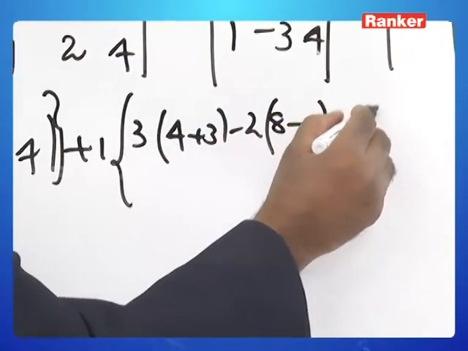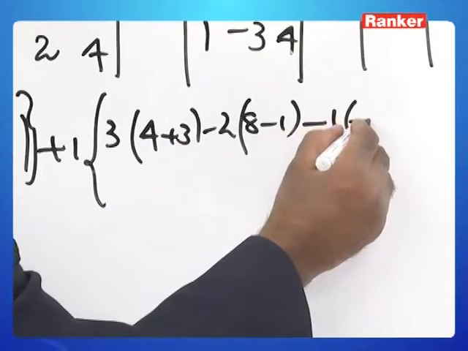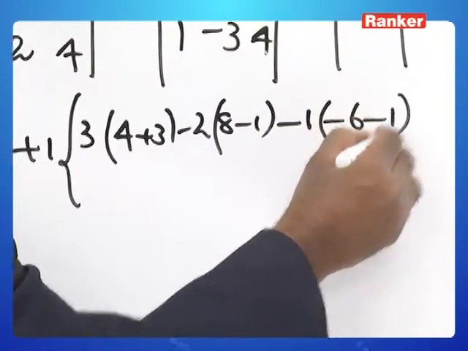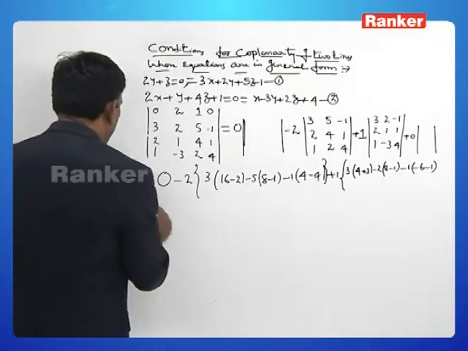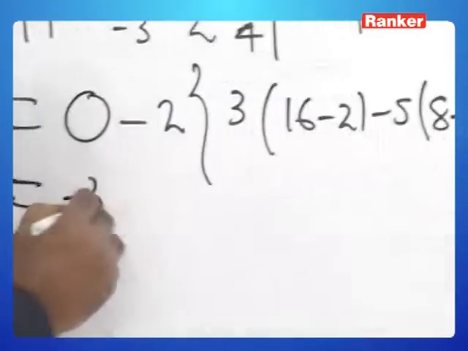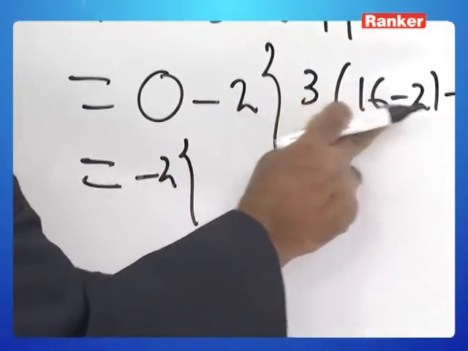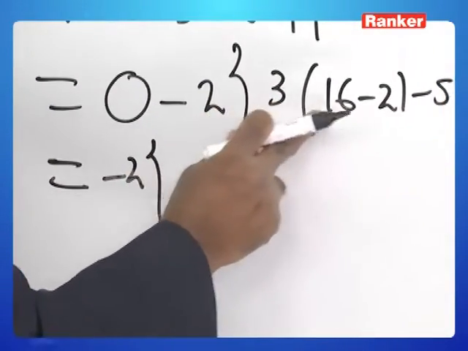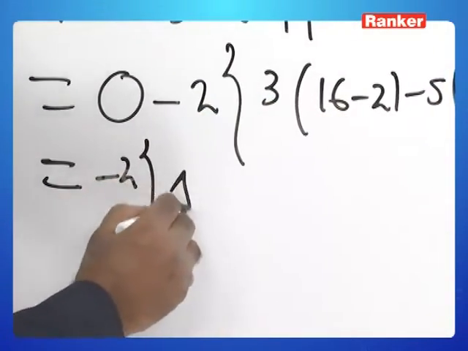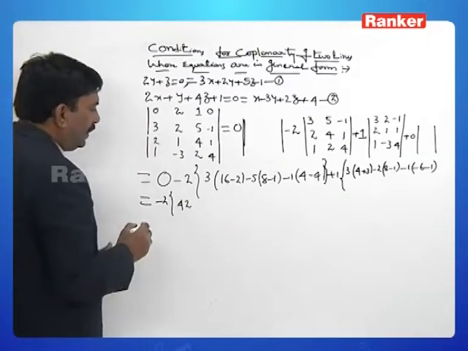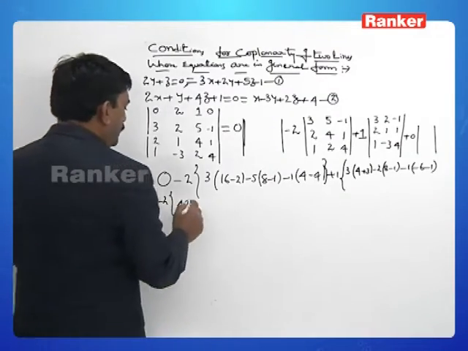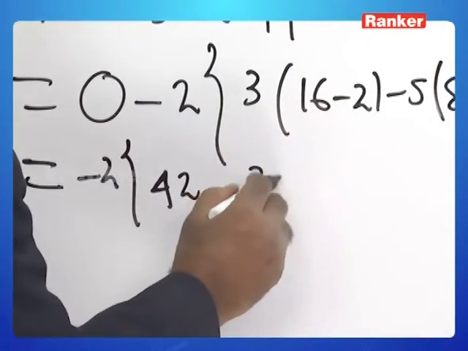Next, minus 1 into minus 6 minus 1. Now this is nothing but minus 2 into, now it's a 14. 3 into 14, yes, now 42, right? So now 42 minus 7, 35.